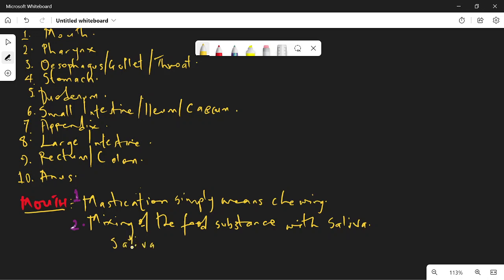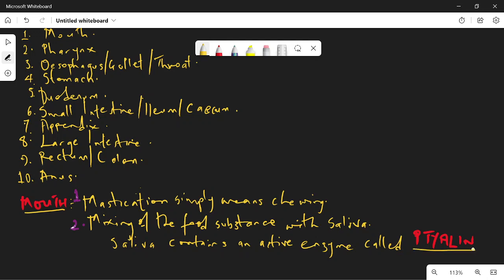Saliva contains an active enzyme called ptyalin. That is what that particular enzyme is called.